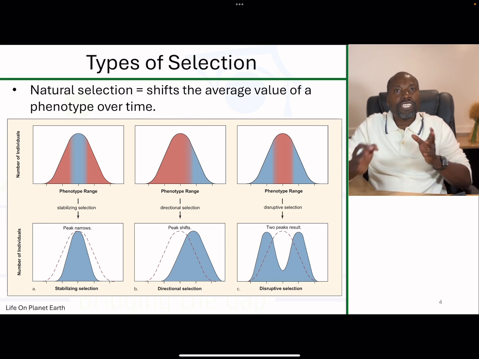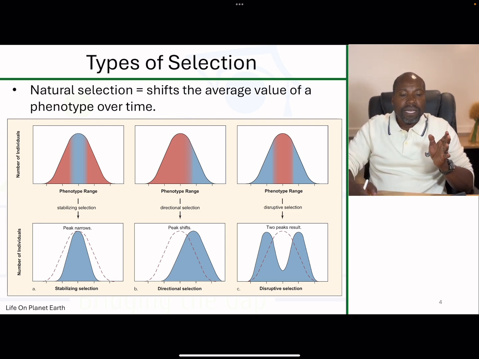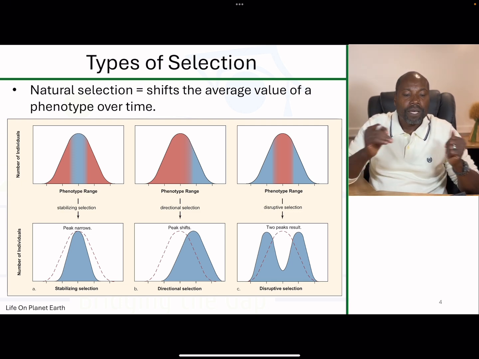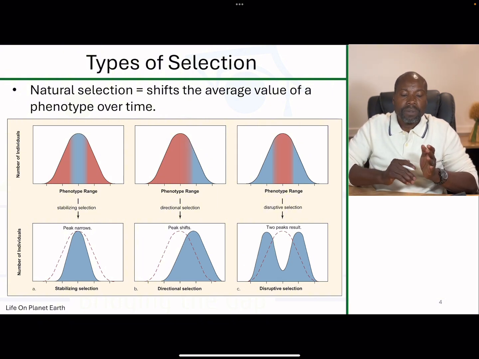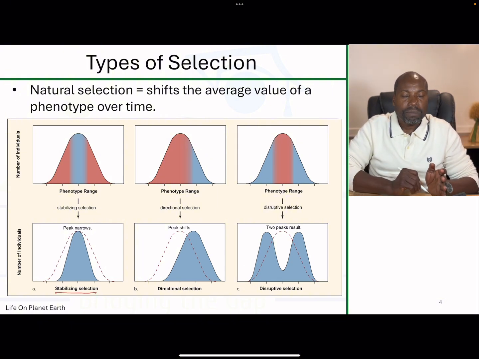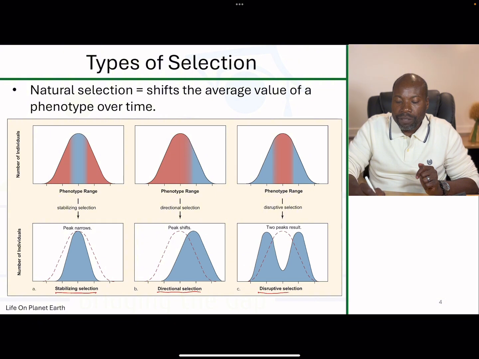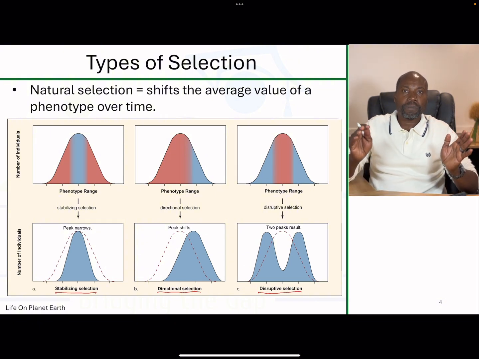Now, selection happens in three kinds. We have a selection that can be stabilizing selection. Another type of selection is directional selection. And finally, you have disruptive selection. What is the difference?